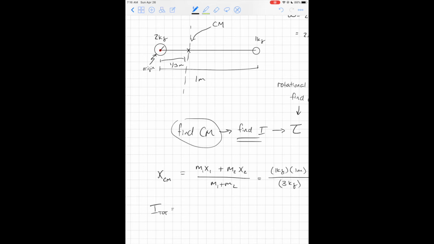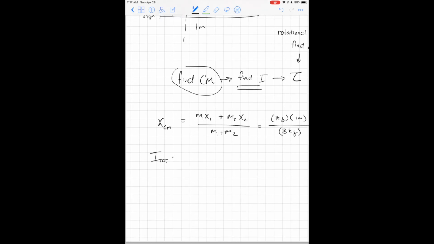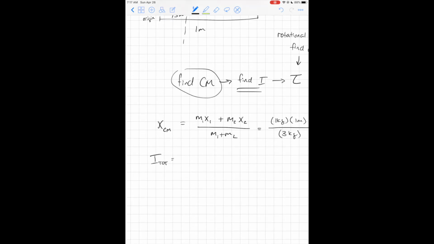There's no radius, and they're not rotating about themselves, so the moment of inertia of a sphere around itself is 2/5 mr squared. In this case, I just have a mass rotating around a fixed point outside of itself, and so it's going to have mr squared for I.